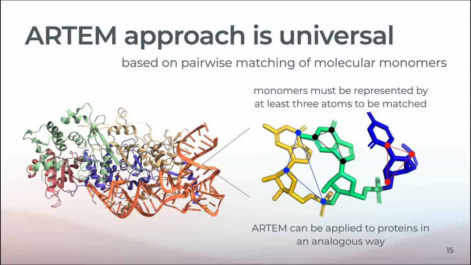We can easily extend ARTEMIS to amino acids also, and perform alignments and superposition of structures and structural molecular complexes and so on. All we need is at least 3 atoms to represent our monomers.